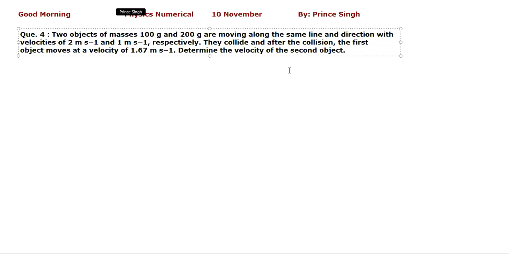Two objects of mass 100 gram and 200 gram are moving along the same line and direction with velocities 2 meter per second and 1 meter per second.